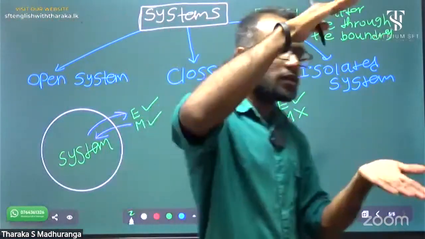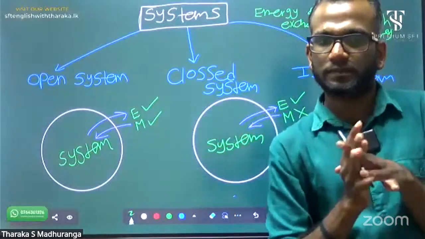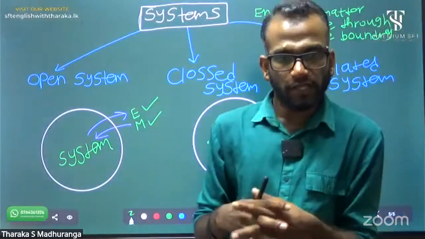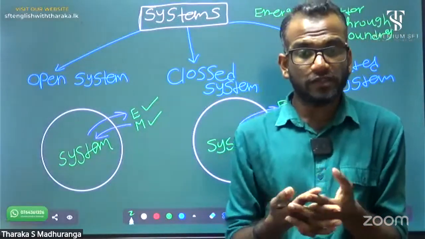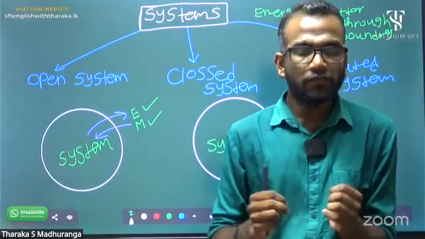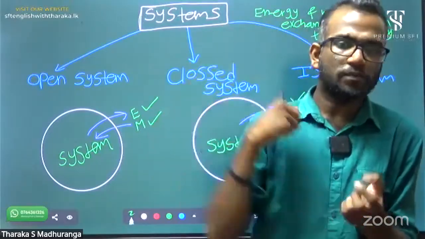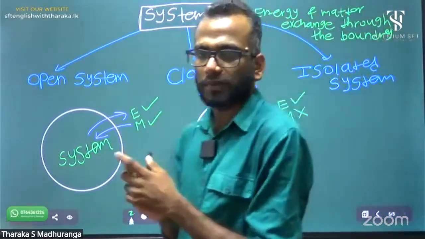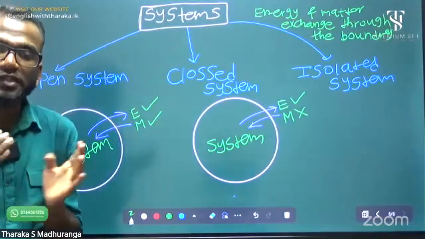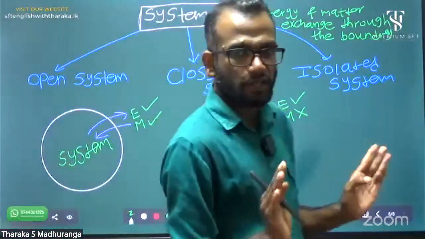What are the examples? If I have a sealed cup of tea, is it an open or closed system? It's a closed system. If you have a sealed test tube, it is only energy exchange, no matter exchange, right?